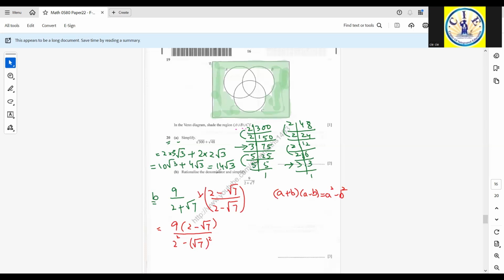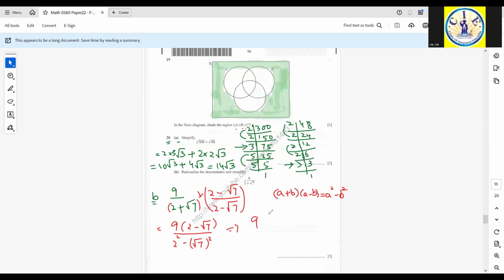Rationalization process in which I need to have the fraction being multiplied with the conjugate of the denominator. Conjugate of the denominator 2 plus radical 7 is 2 minus radical 7.